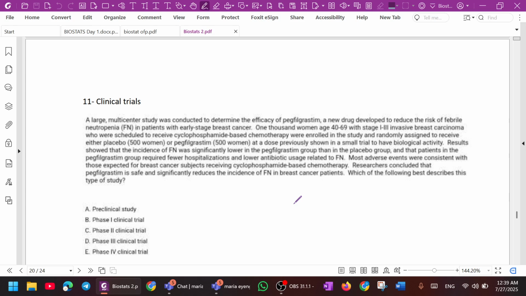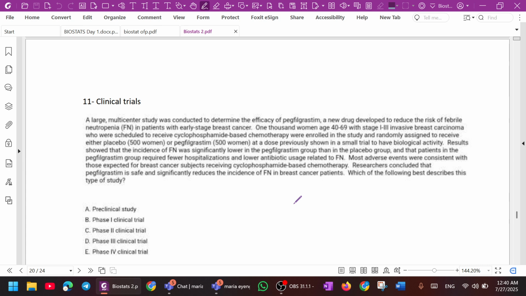Results showed that the incidence of febrile neutropenia was significantly lower in the pegfilgrastim group than in the placebo group. Patients in the pegfilgrastim group required fewer hospitalizations and lower antibiotic use related to febrile neutropenia.